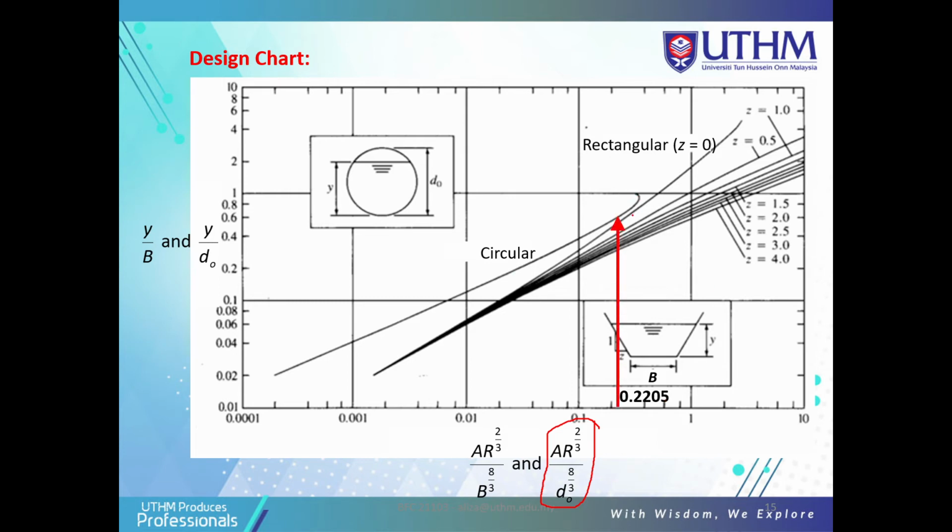The circular is this blue line, and put the value there. So you get the value of 0.6, which is Y over D naught. So Y is equal to 0.6 times D naught, and you get the value of Y.